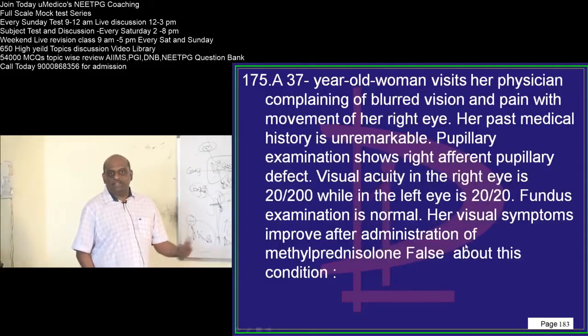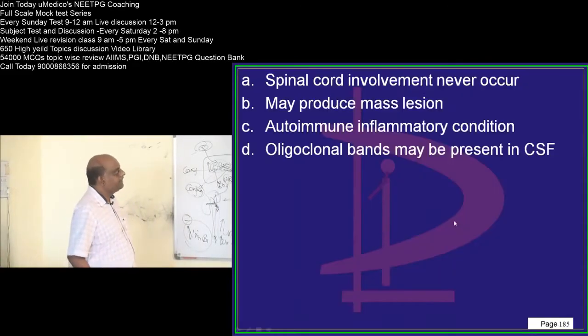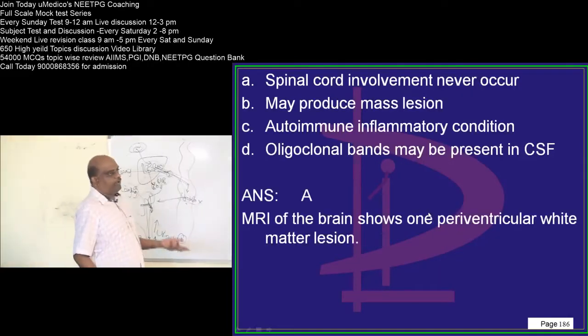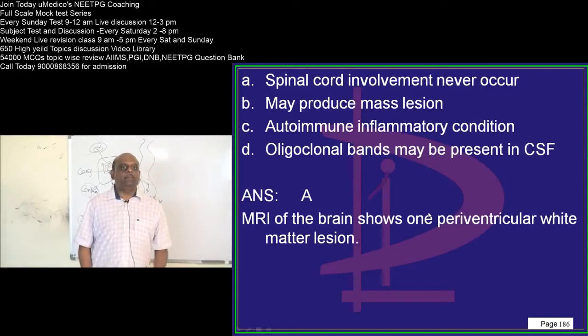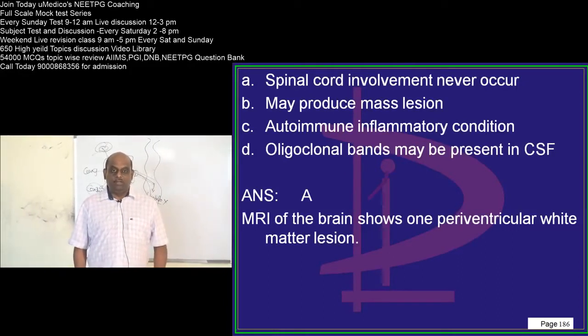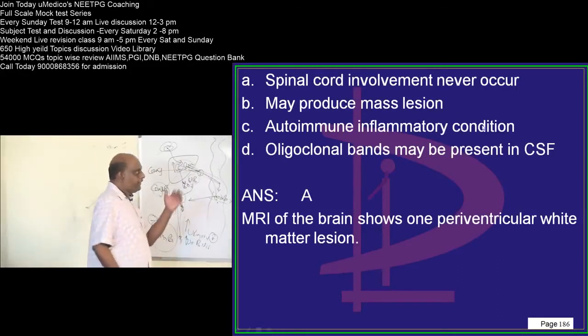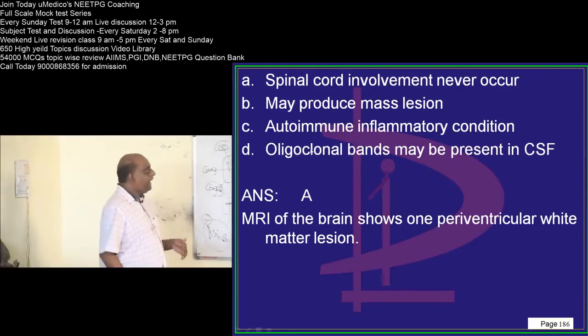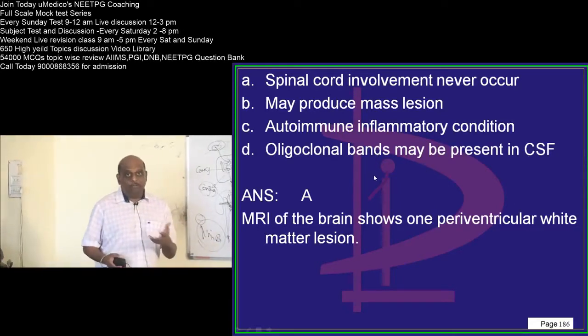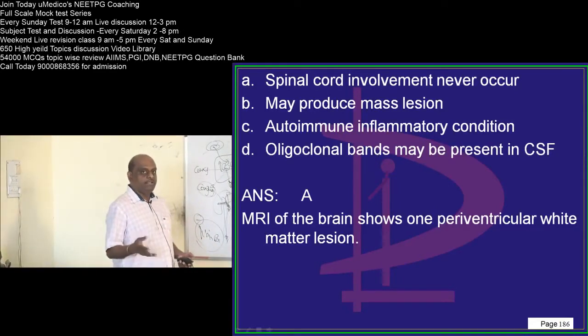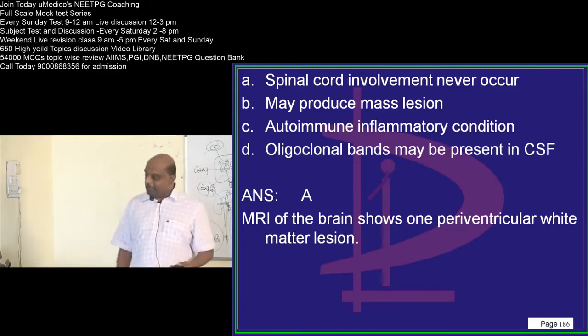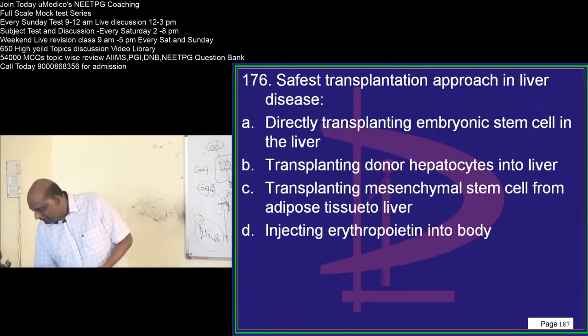So it is clear that she is a case of multiple sclerosis. Spinal cord involvement can very much happen in multiple sclerosis, and it can produce a mass lesion. It is autoimmune. Oligoclonal bands can be found in the CSF. These are all the facts about multiple sclerosis which you have to be doubly sure about.